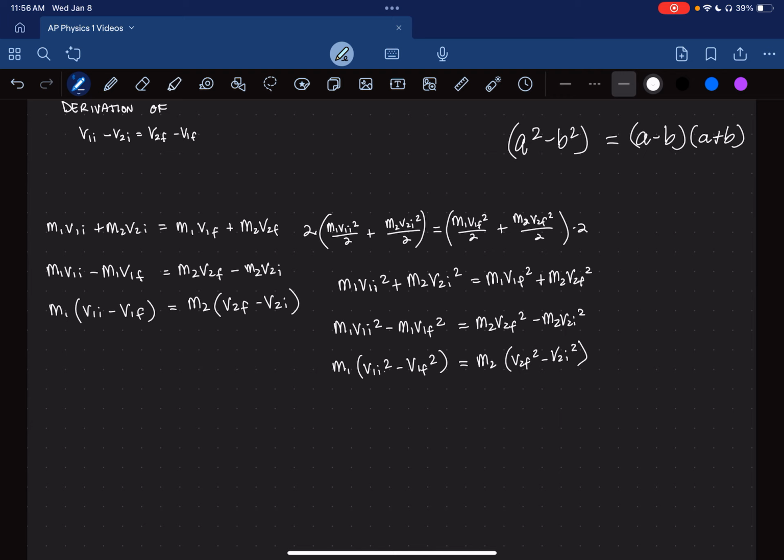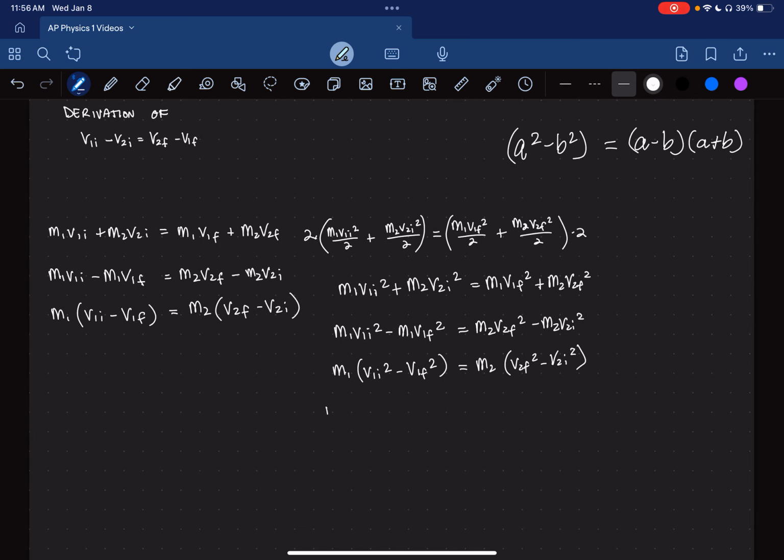And look at what we have here. We have a squared minus b squared, and we also have something similar, a squared minus b squared here, different a, different b. And so this is m1. Now what would this look like? This is v1i minus v1f times v1i plus v1f.